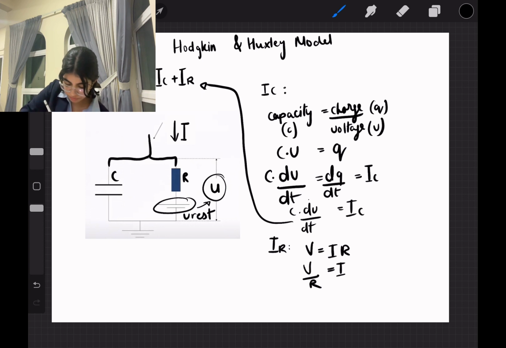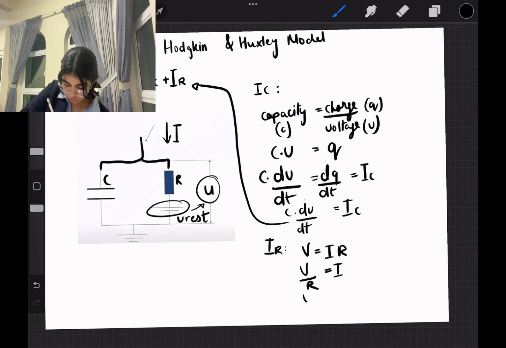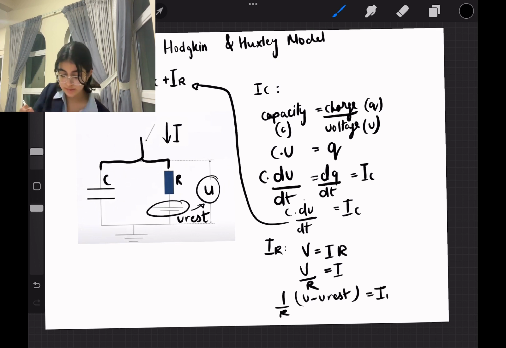So U minus U rest times 1 by R equals the current of the resistor. And now both of these can be input back into the total current formula.